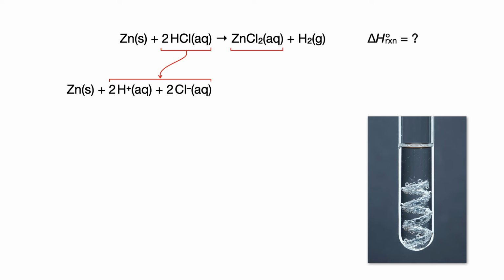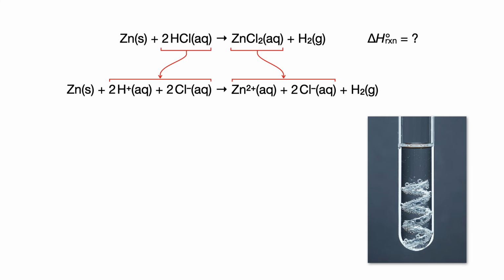Likewise, aqueous zinc chloride really represents the zinc 2 plus ion in solution and 2 moles of chloride ion in solution. And so the enthalpy of formation for those ions can be found.